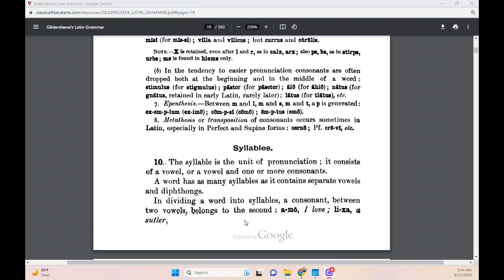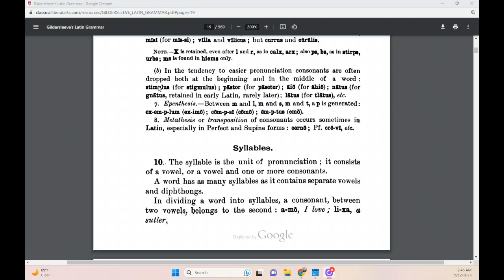So let's look back at these two examples here. The word amo has two vowels. Therefore, it has two syllables. The word lixa has two separate vowels, therefore it has two syllables.